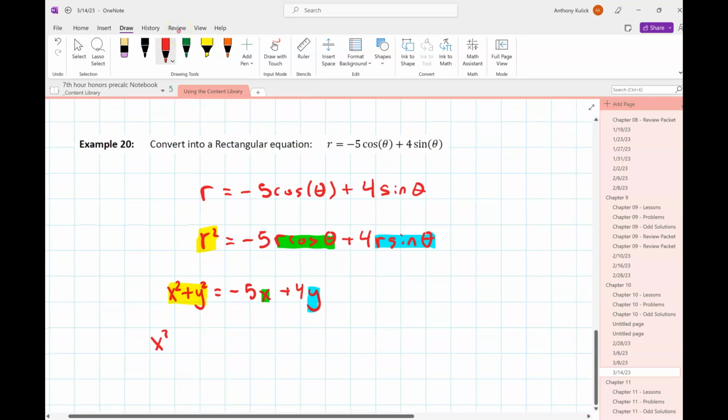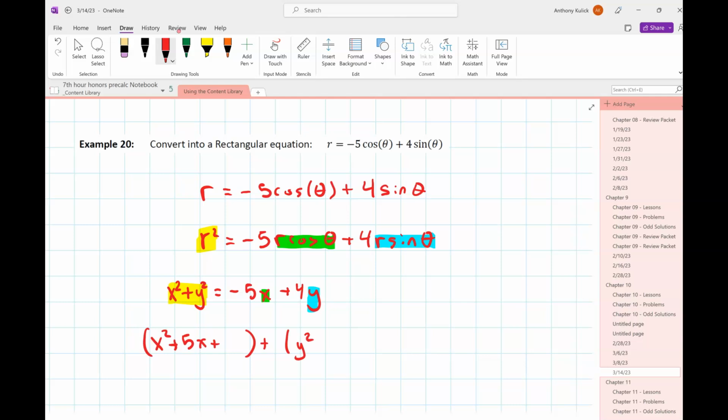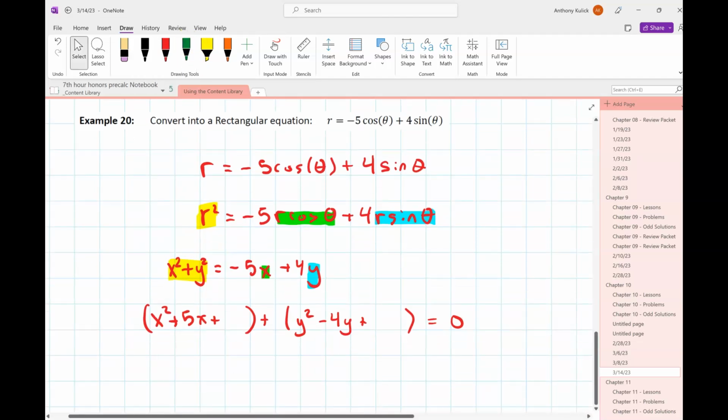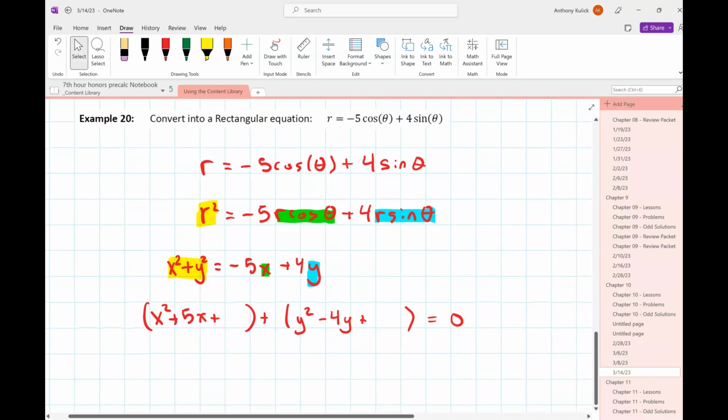So this just turns into another completing the square problem, right? So move everything to one side. What do we need to add to both sides to complete the square for the x's?